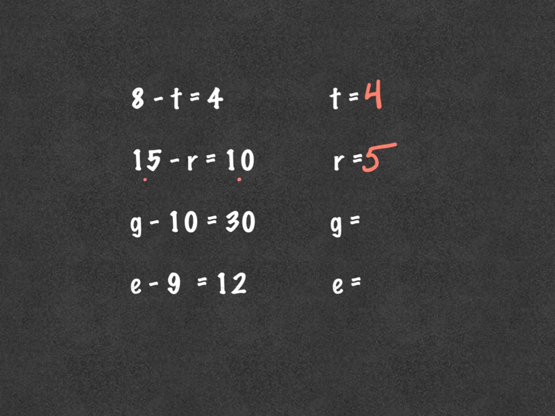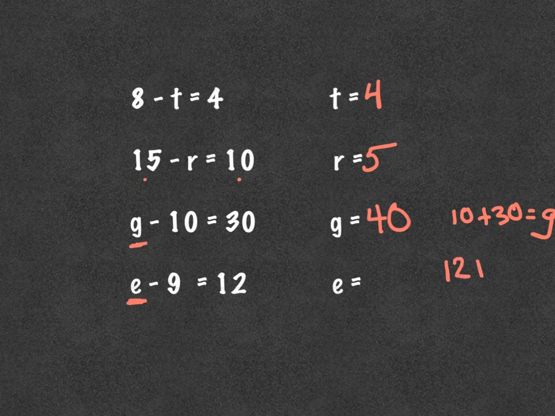Okay. G is just like we had before. Since this is listed first, we really want to think about 10 plus 30 would equal G. So 10 plus 30 would be 40. And then down here, same thing, since E is listed first, we would have 12 plus 9 equals E. So 12 plus 9 is 21.